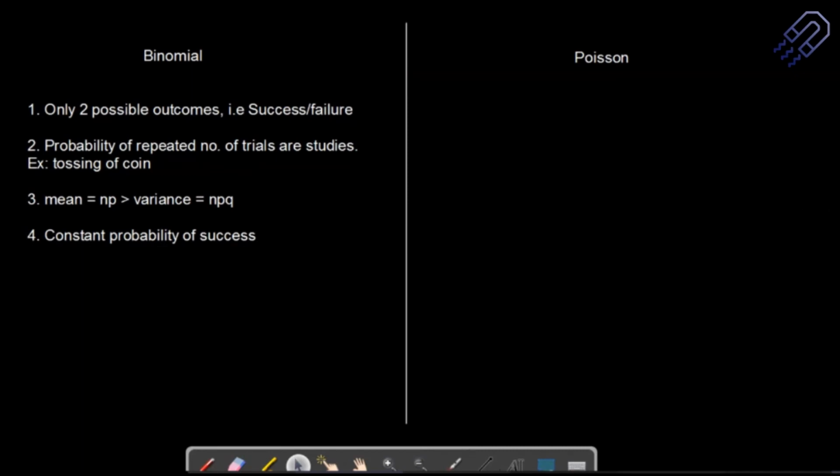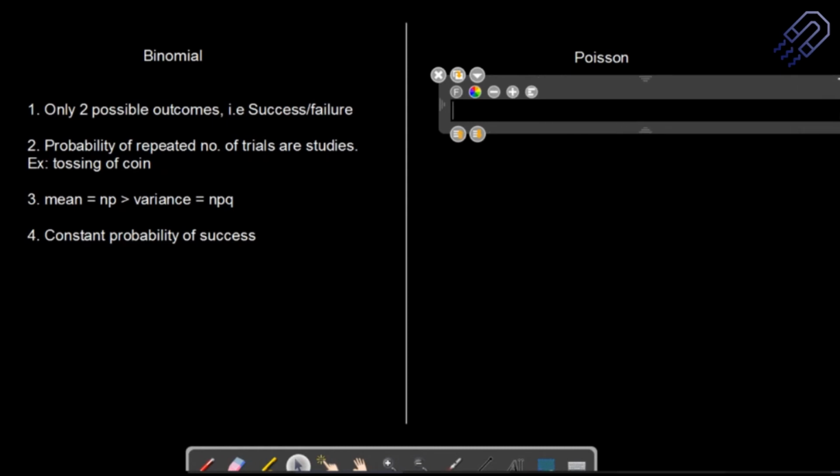Let's look into the other end and try to understand what the factors in Poisson distribution are. Number one, an unlimited number of possible outcomes.